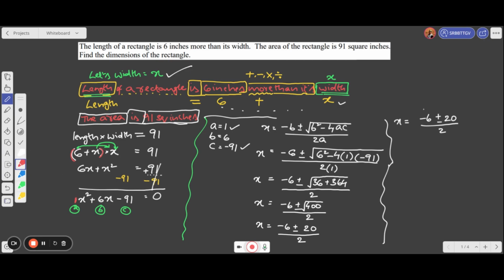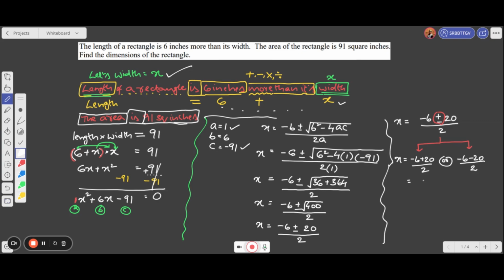I see that there are two signs, one positive and one negative. So I'm going to make it into two parts. One is with the positive sign, so x equals negative 6 plus 20 over 2, or the other one is negative 6 minus 20 over 2.